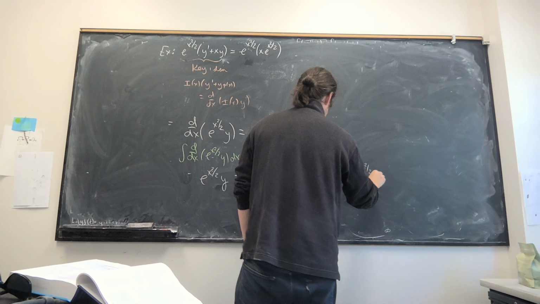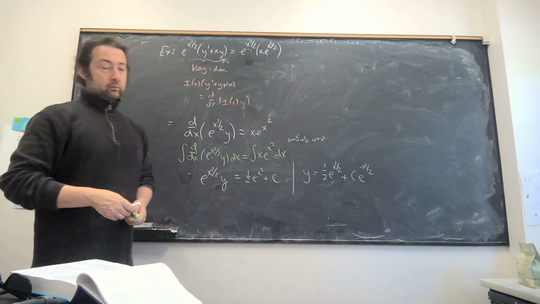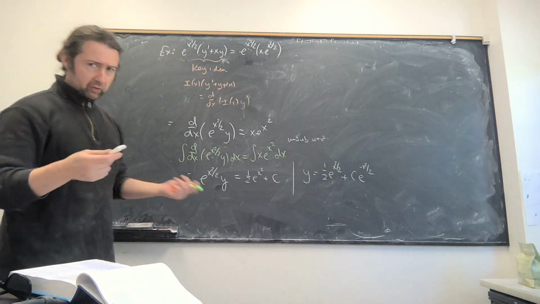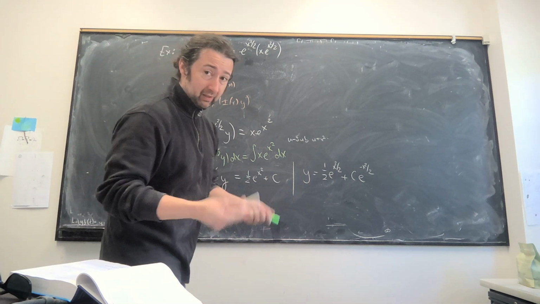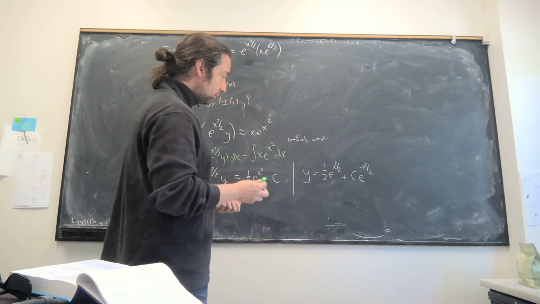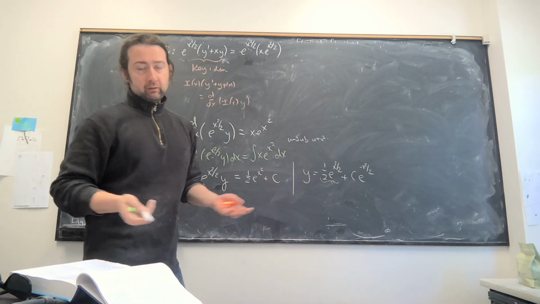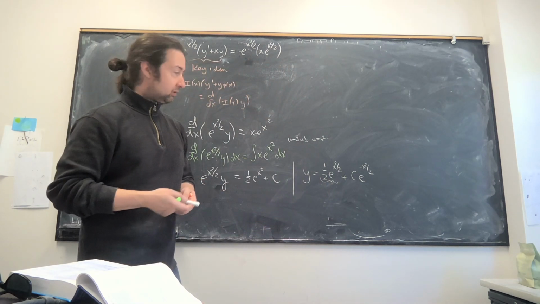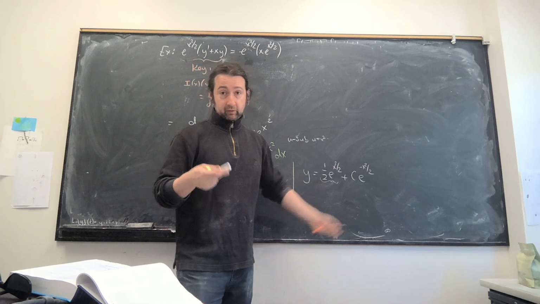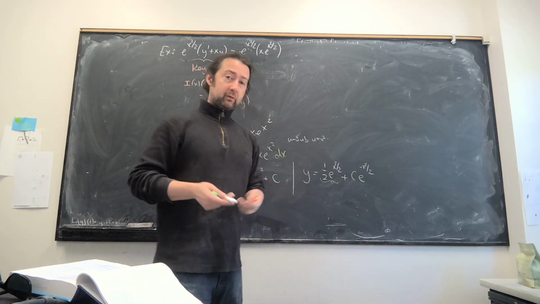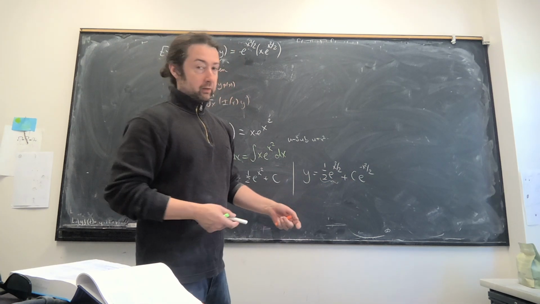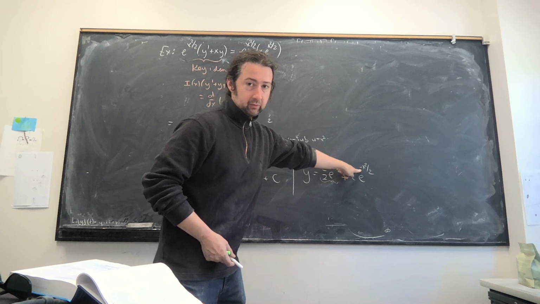And one thing I pointed out about the structure of the solution, and why sometimes it's nice to have explicit forms, is that we have a piece here that doesn't depend at all on the initial condition that we chose for the problem, and a piece that does. That's what the arbitrary constant does. But further, as x goes to infinity, e to the minus x squared over 2 goes to 0.